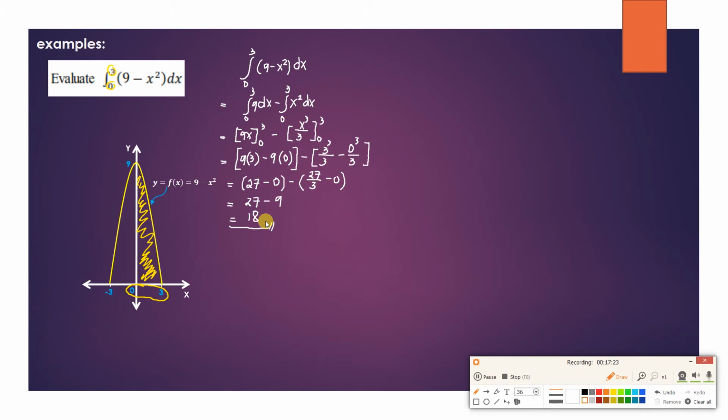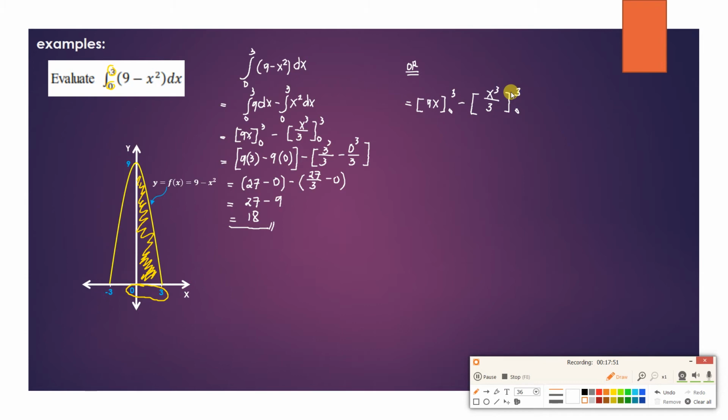Or kasi medyo mahaba, nadodoble yung 9, nadodoble yung x over 3. Pwede rin kasi, class, if you're going to apply the rule in integral, balikan ko na sa 9x. Balik lang tayo dito. Okay, kasi pwedeng ilabas na yung constant. Diba?